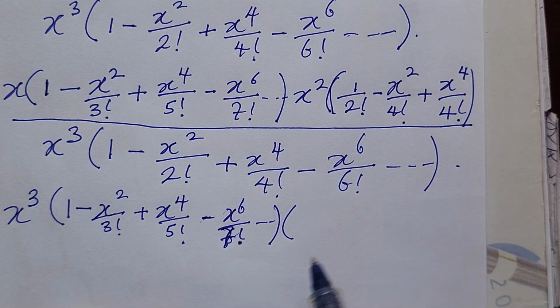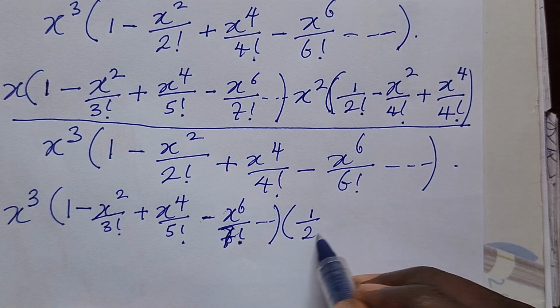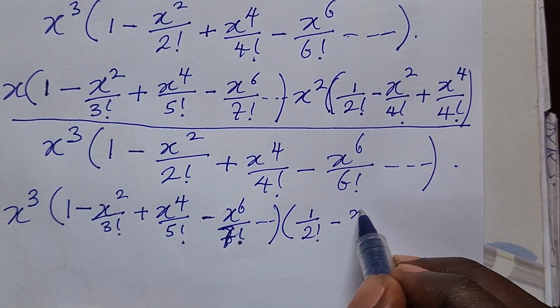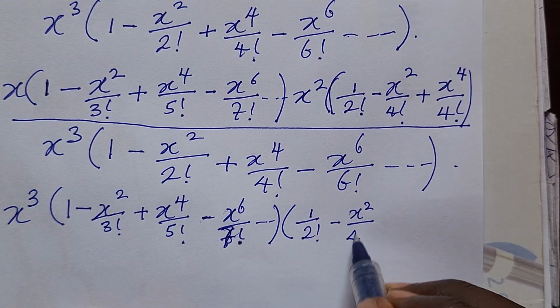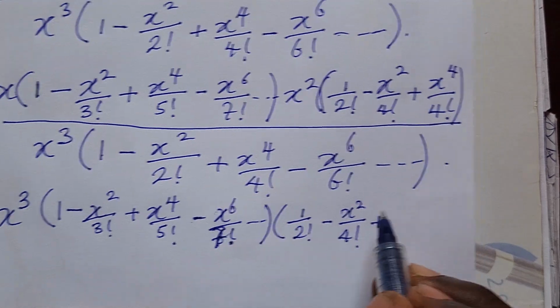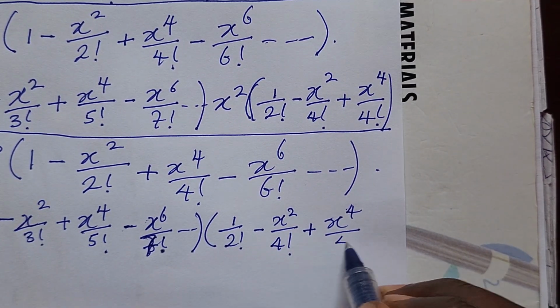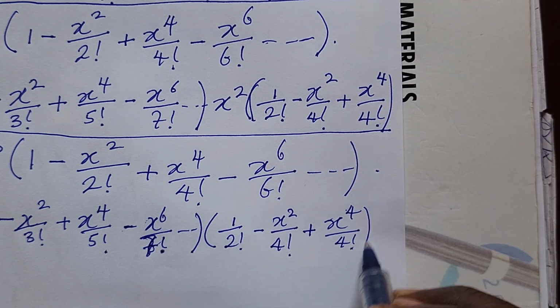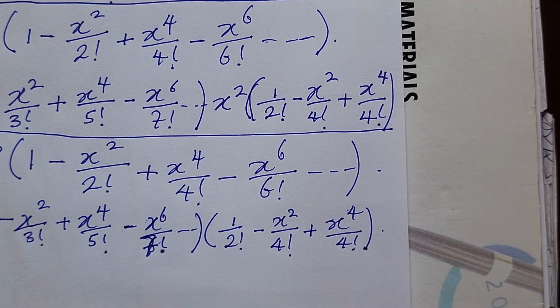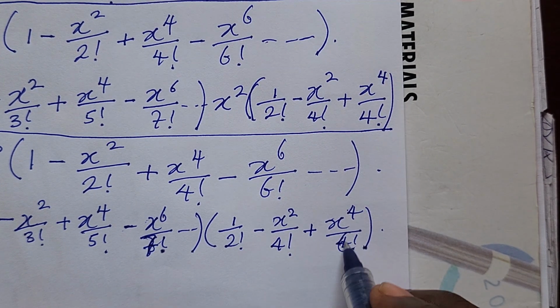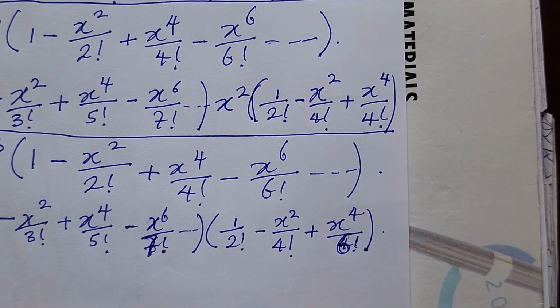So here will now be just 1 all over 2 factorial minus x to the power of 2 all over 4 factorial, then plus x to the power of 4 all over 6 factorial, close bracket. Please don't mind me here.